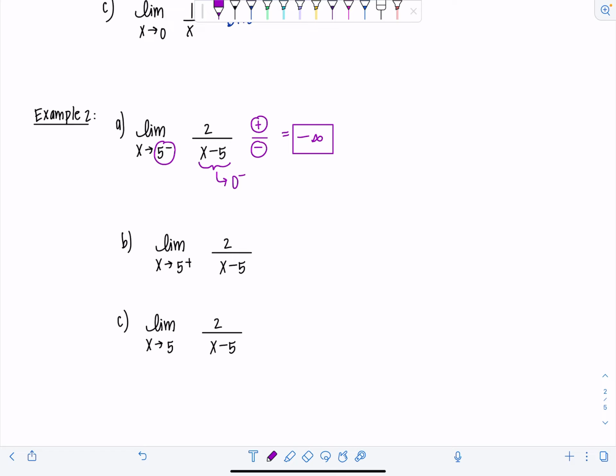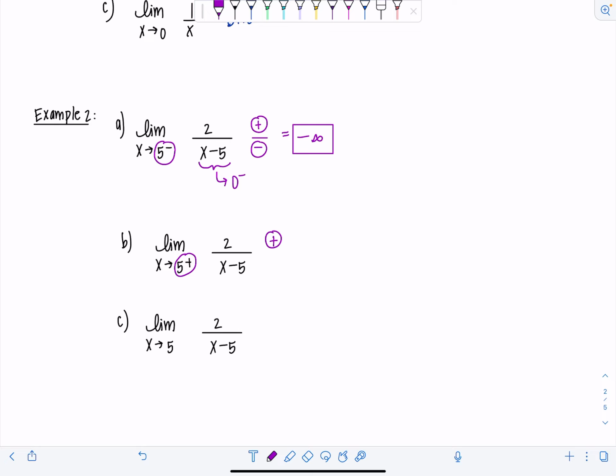Okay, let's see what happens from the other side. So now we're looking at the limit as x approaches 5 from the right. So again, 2, that's just a positive constant, numerator's positive. If we're approaching 5 from the right, then we're coming from values just a smidge larger than 5. Think 5.1, 5.01.